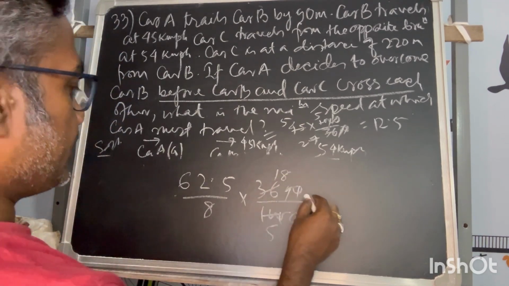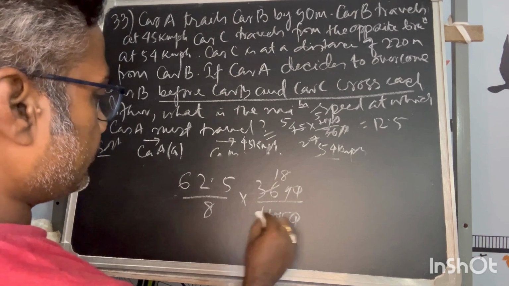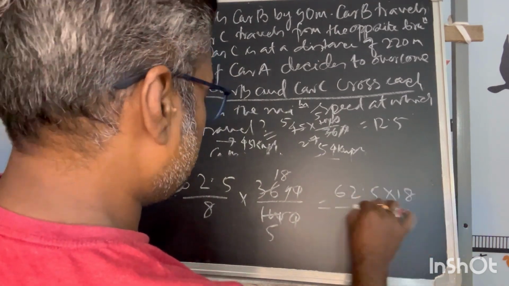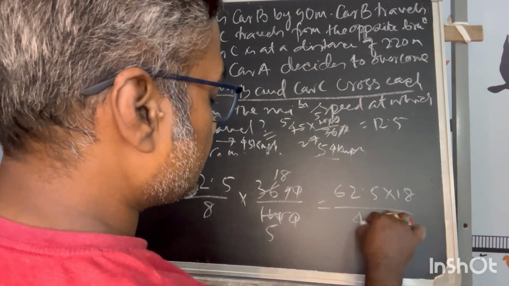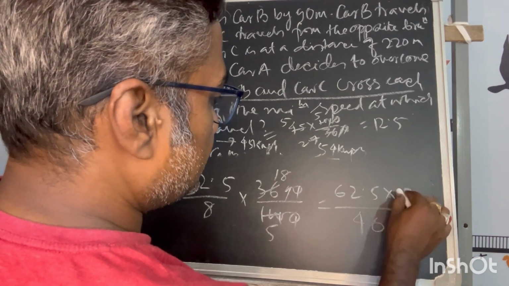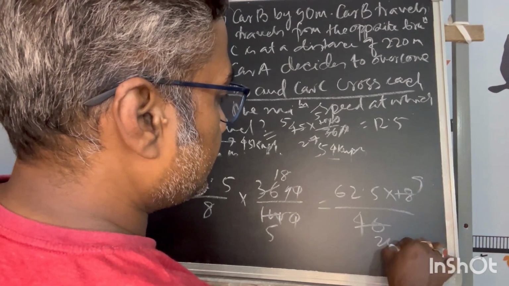So 18 by 5, now I will not calculate, rather 4 is a 40, and this is equal to, if I calculate by 2, 9, 2, 20, 2.